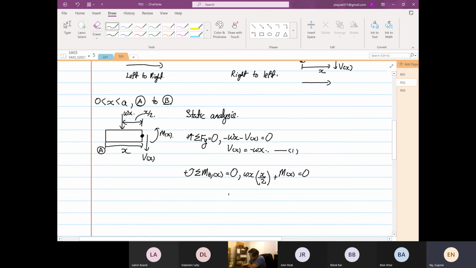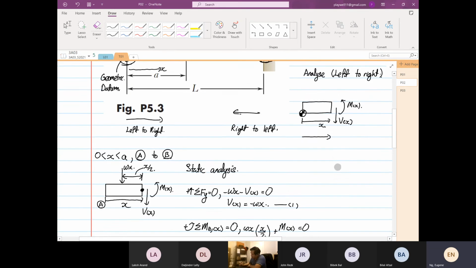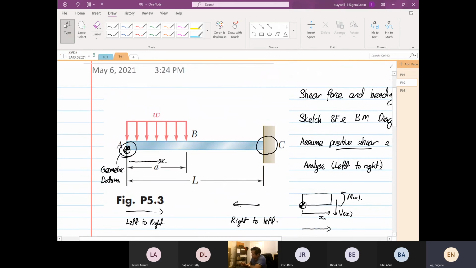So M as a function of x is equal to minus omega x squared over 2. This is your equation number 2. Now this is from A to B. The next thing we're going to do is find the distribution from B to C.